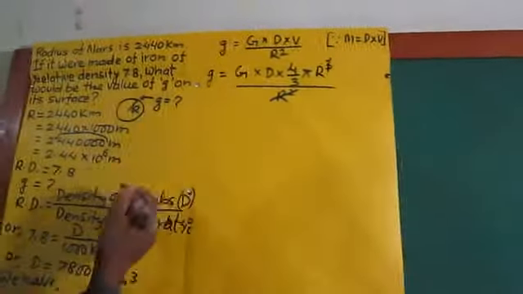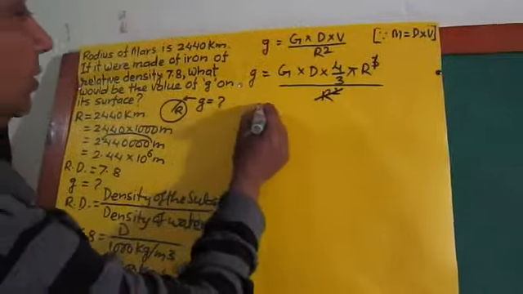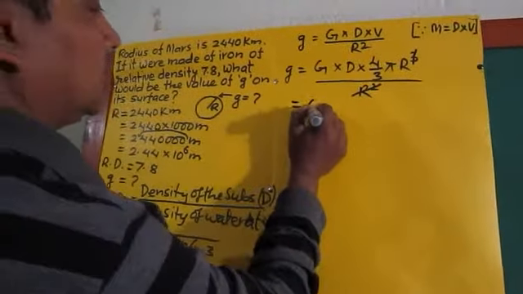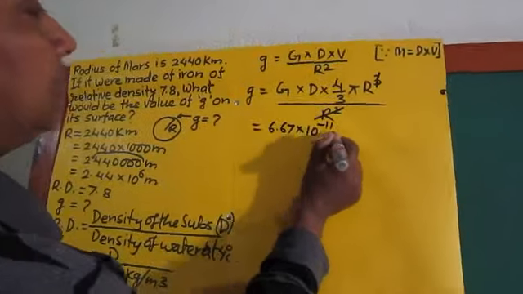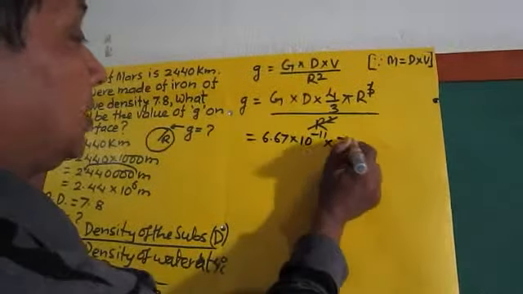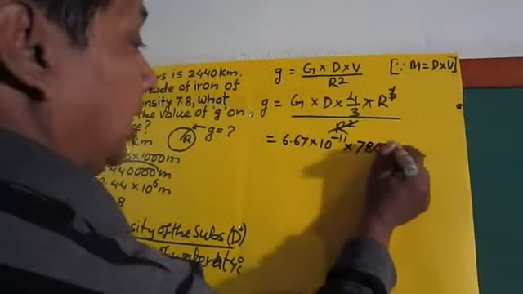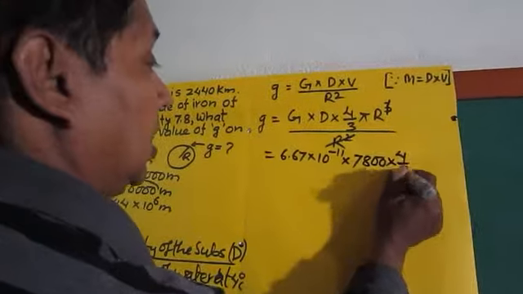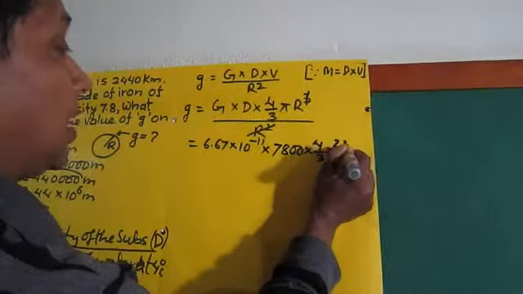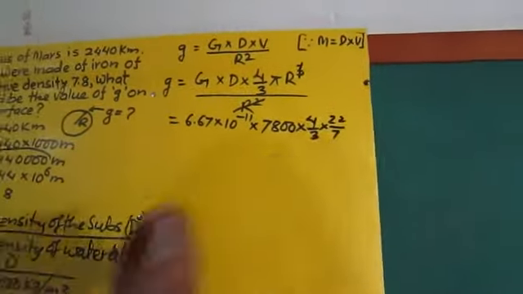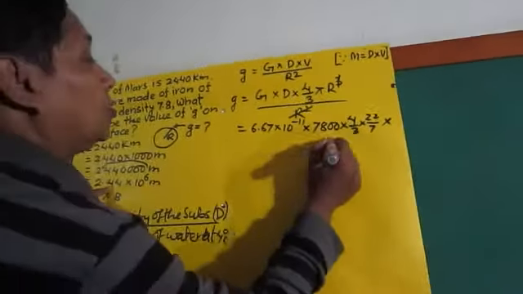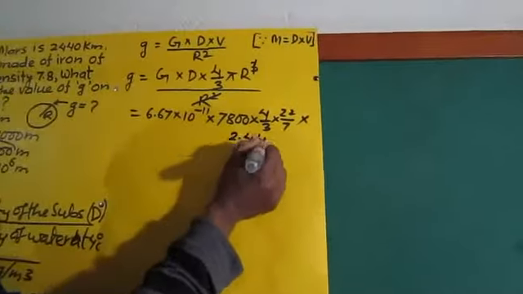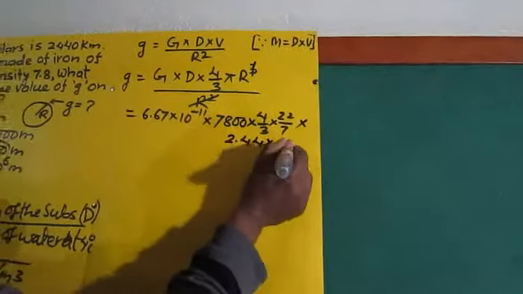Now we have everything, we can put all these values. This is equal to G is 6.67 into 10 to the power minus 11, into D is 7800, and 4 by 3 remains the same, and pi 22 by 7, and radius is 2.44 into 10 to the power 6.